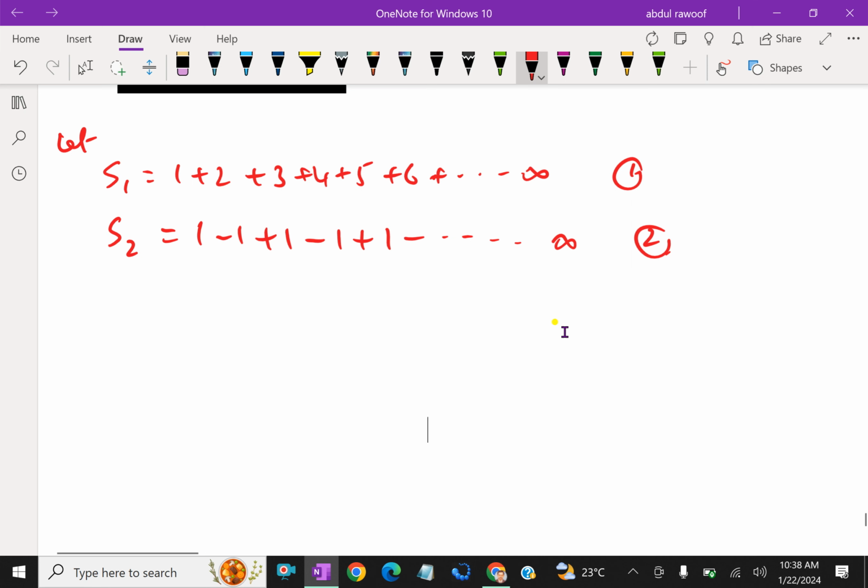Now look at that series here. I took 1 out, and minus, bracket start. If we take the minus out, the signs change. That is 1 minus 1 plus 1 minus 1 plus 1, and it goes up to infinity.